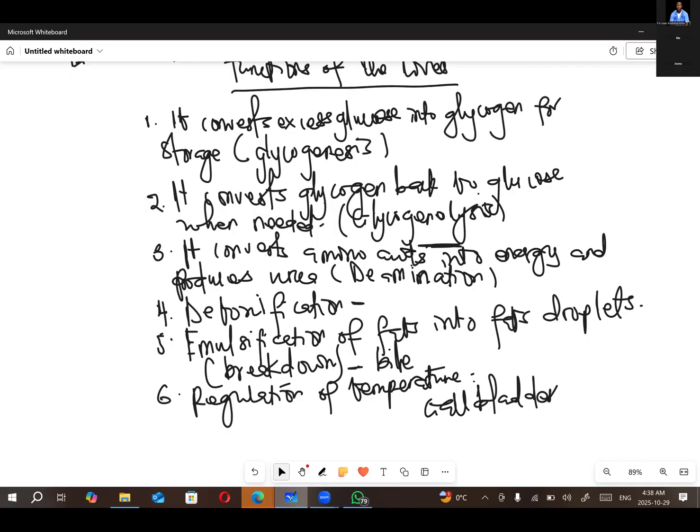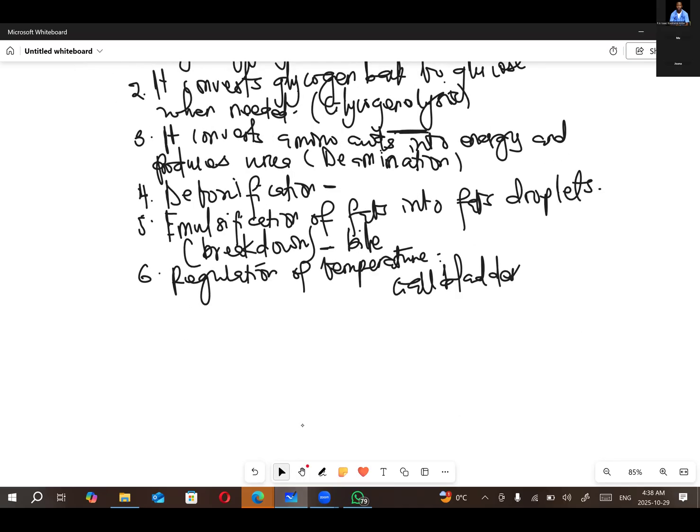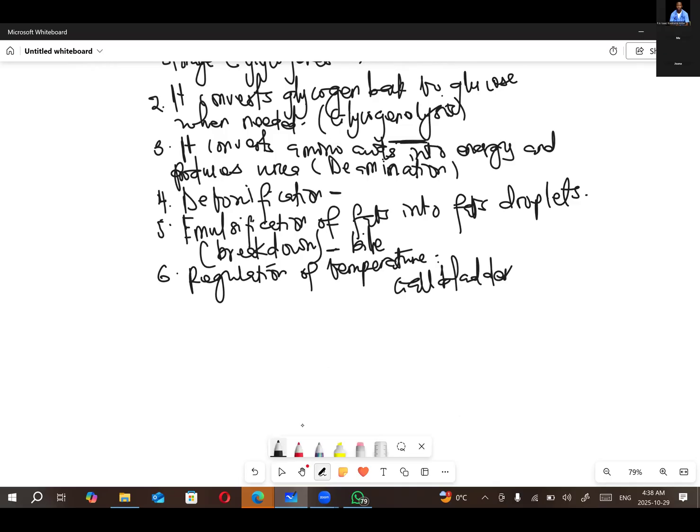Let's look at the last part, which is the lung. Your liver is a metabolic hub in your body. So it carries out a lot of activities. You see, we're even saying detoxification of drugs and alcohol.